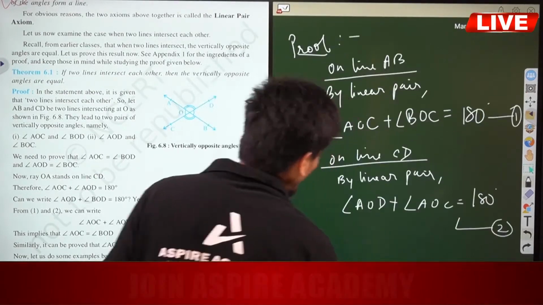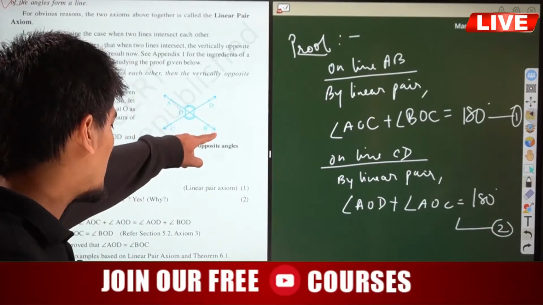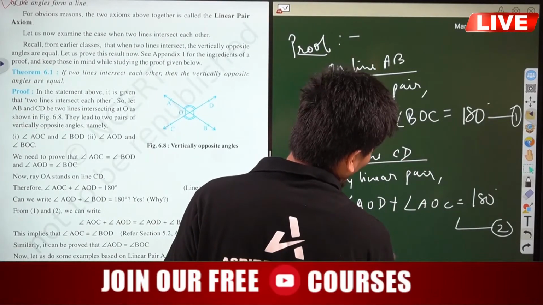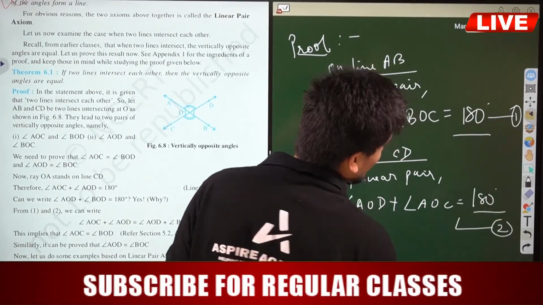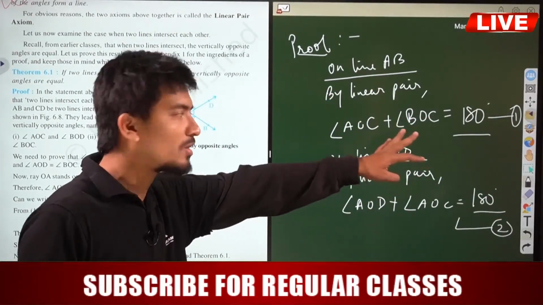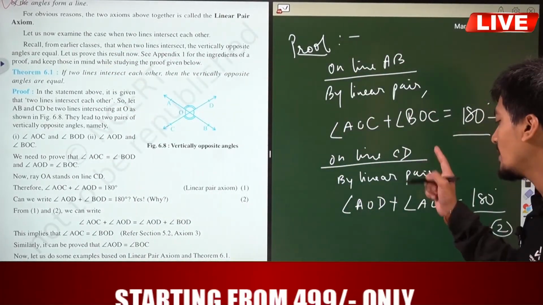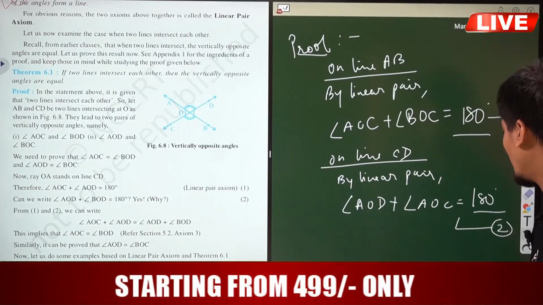what can we do from 1 and 2? See here, since the right-hand side has 180 degrees as common, we can write angle AOC plus angle BOC is equal to angle AOD plus angle AOC.